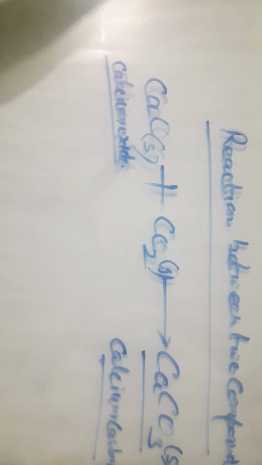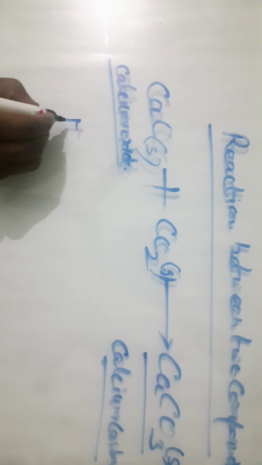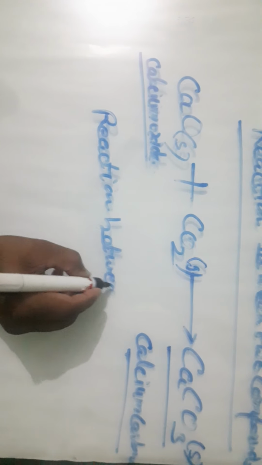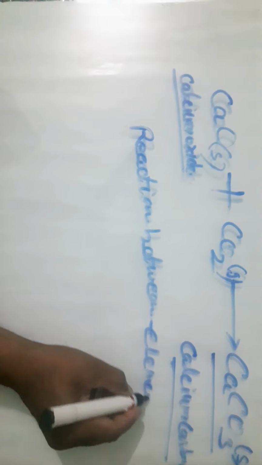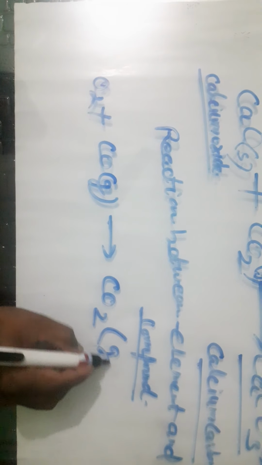And now we are discussing the third type of combination reaction, reaction between element and compound. In this type of reaction, we can take this example: oxygen reacts with carbon monoxide gas and forms carbon dioxide gas.